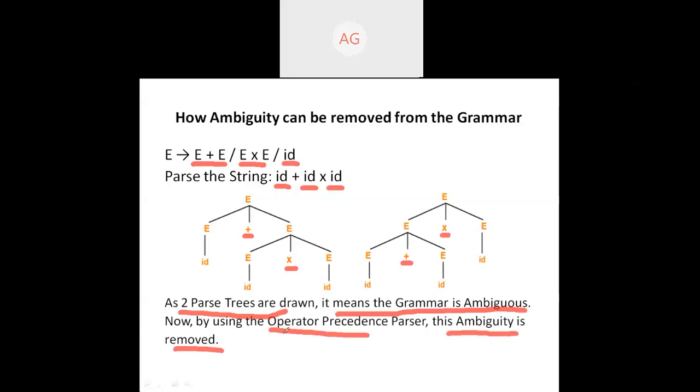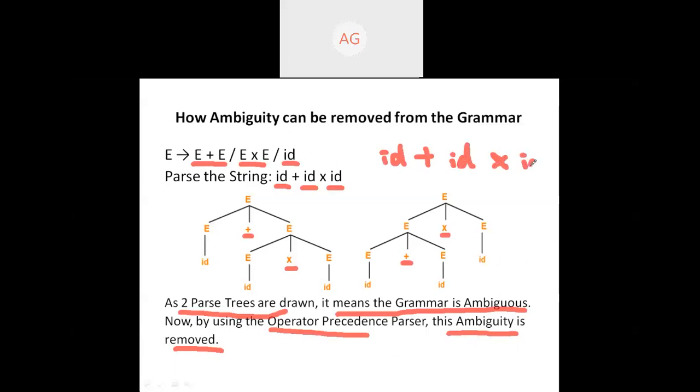So how do we remove the ambiguity, and which of these two parse trees is considered the final one, and the second one is not considered? In order to parse the string, suppose we are writing this string which we need to parse with the operator precedence grammar.